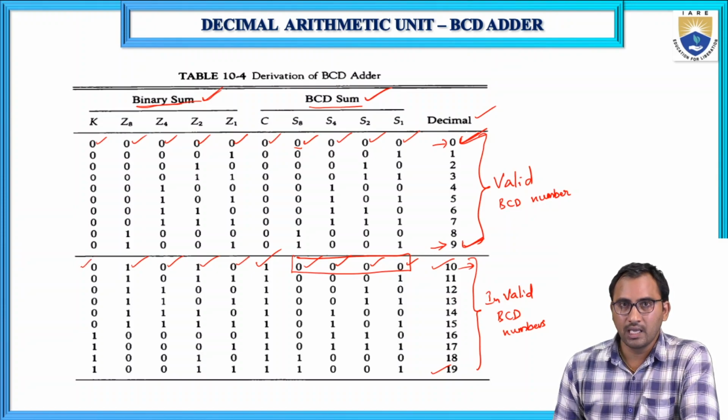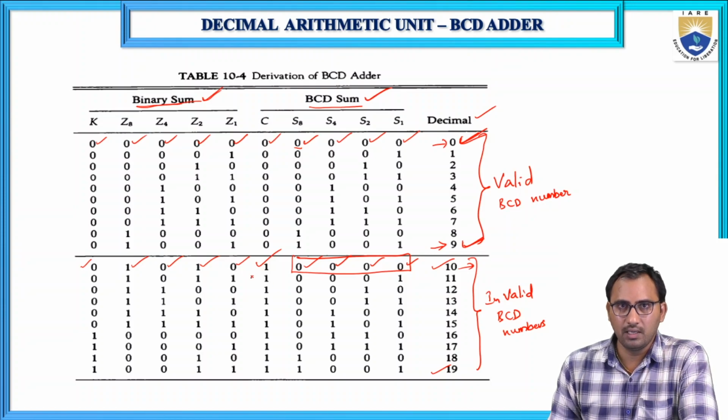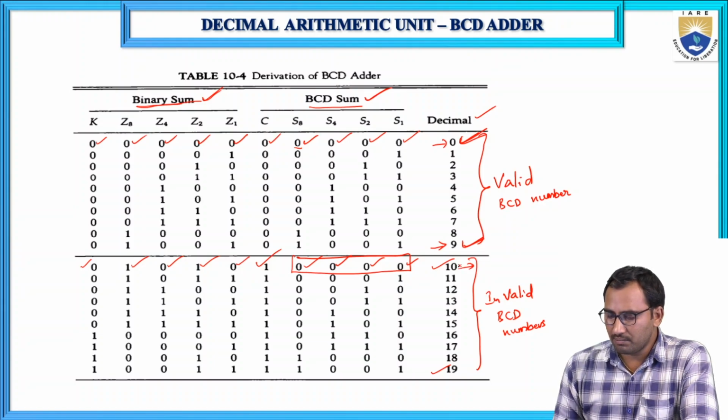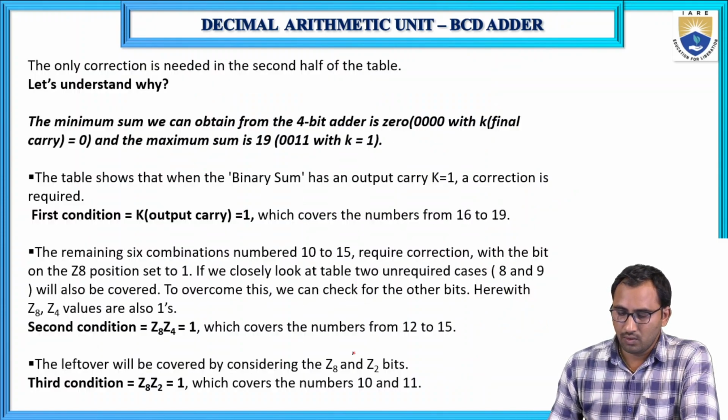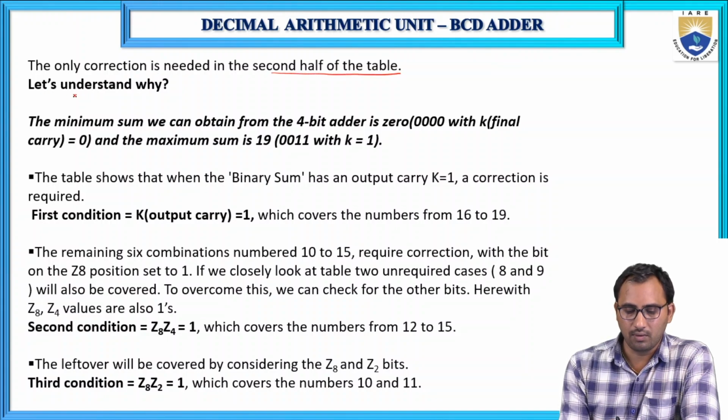So if you compare the representation of the binary sum and the BCD sum, there are some differences. That's why the numbers from 10 to 19 are considered invalid BCD numbers. So the correction is needed only in the second half of the table.